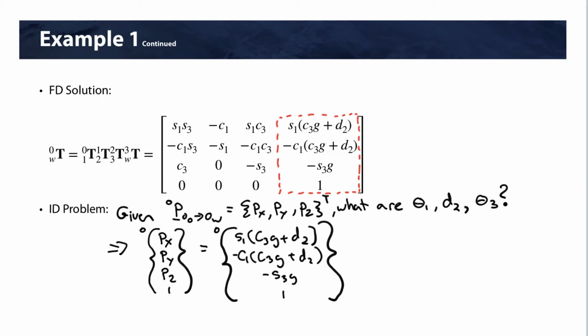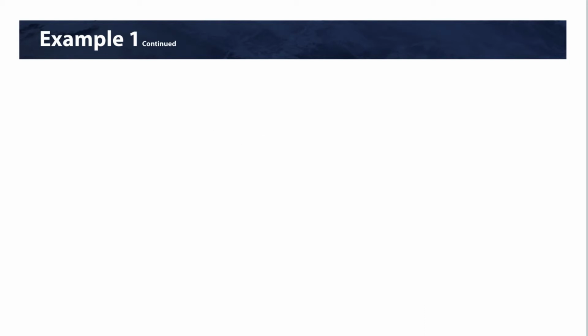One thing we can try is to isolate one of the variables over to the left-hand side. Because we're in frame 0 here, if we multiply both sides by the transform describing frame 0 with respect to frame 1, that in essence will isolate the theta 1 variable to the left-hand side. So let's make a note of that.